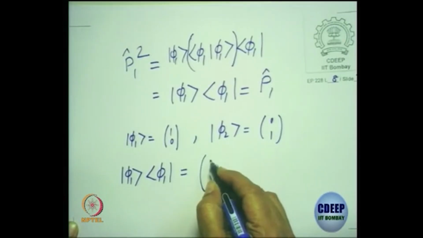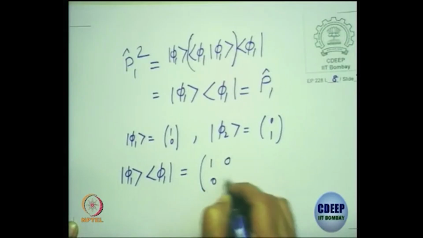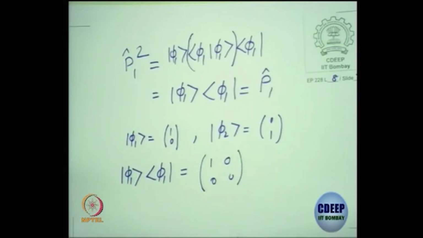It is 1 0, 0 0. What are the eigenvalues of this? 0 and 1. If the state is in that subspace, it will get projected with the same. It will be as it is. If it is not in the subspace, it is going to be 0.